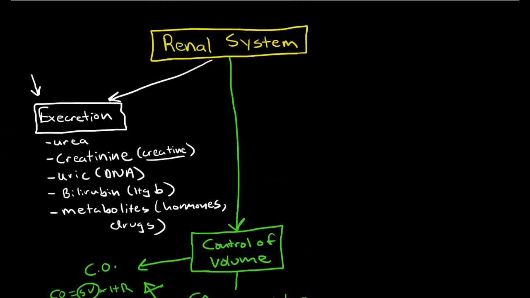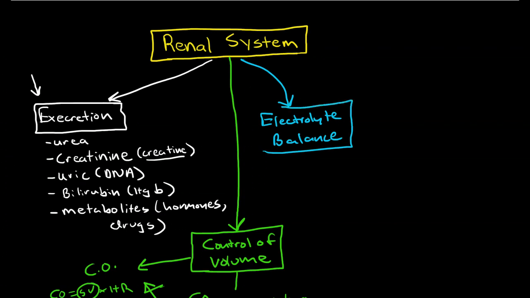Now, another important role is the regulation of electrolyte balance. The kidneys play the central role in providing tight control over the balance of sodium and potassium, chloride, and phosphorus, and other electrolytes in the body.